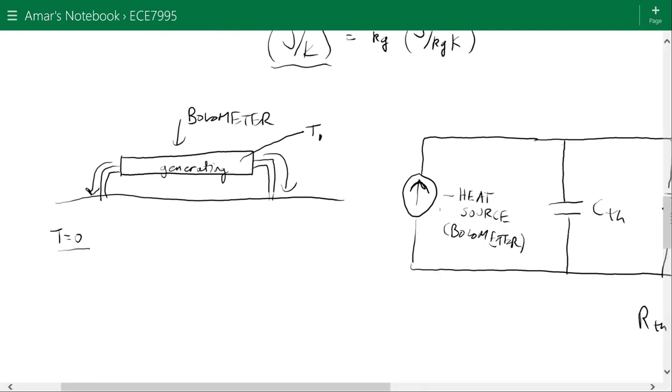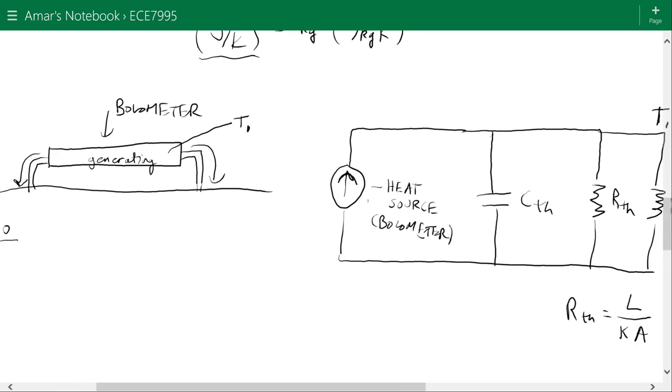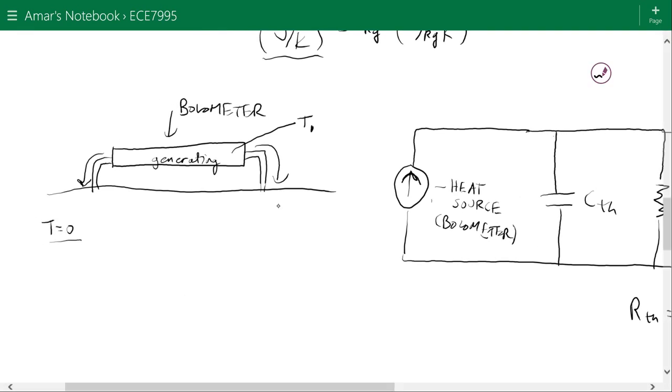Now, why do we add a thermal capacitance in there? Thermal capacitance is an energy storage element. Voltage cannot change instantaneously across a capacitor. Similarly, in the thermal domain, the temperature of this cannot change instantaneously. I'll repeat that. In the electrical domain, there's this principle that the voltage across a capacitor cannot change instantaneously.